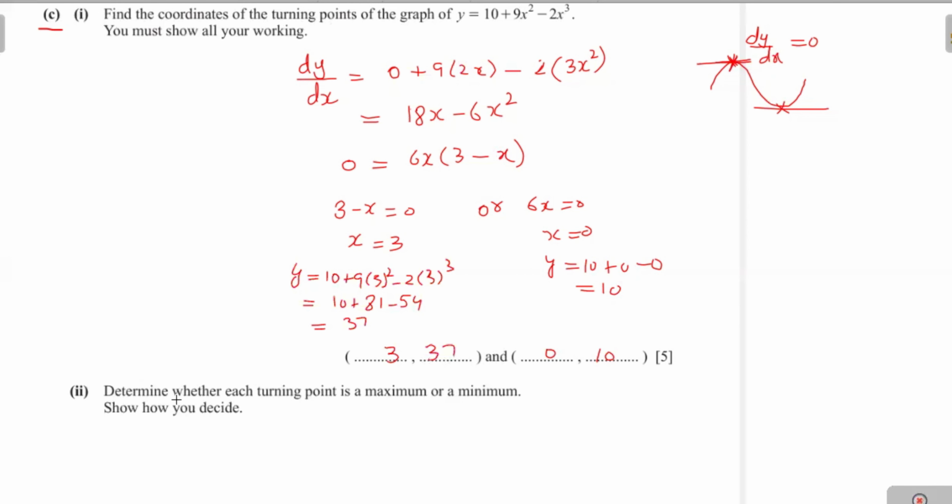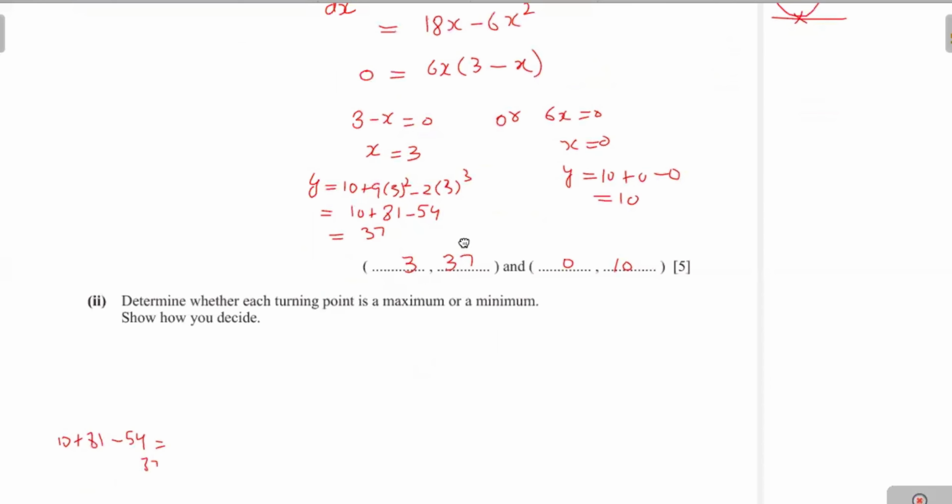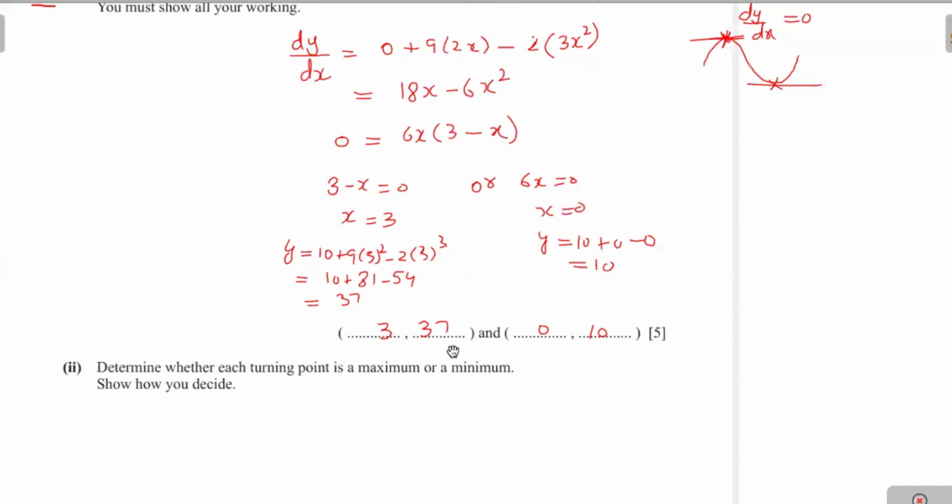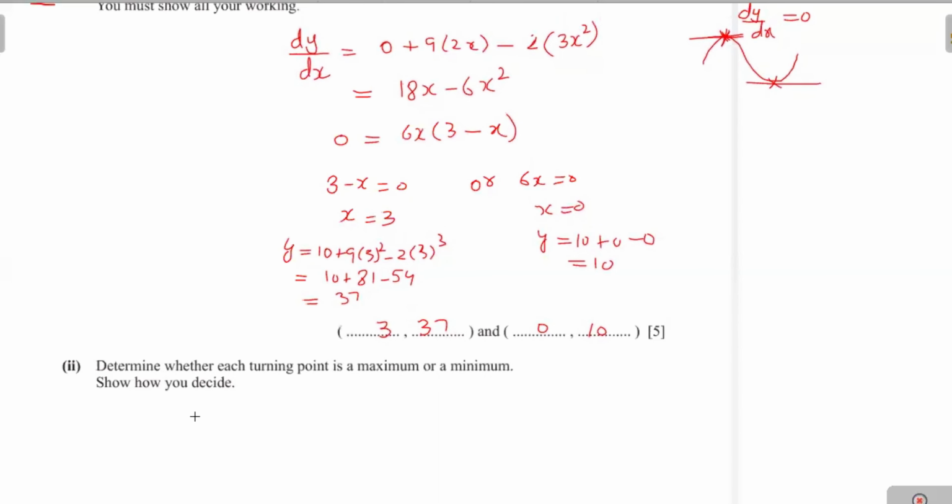Next is to determine whether each turning point is a maximum or minimum. To see whether the turning point is maximum or minimum, we will take the second derivative. You see here, the derivative dy over dx is equal to 18x minus 6x squared.